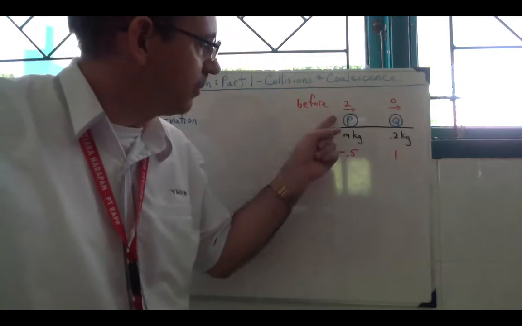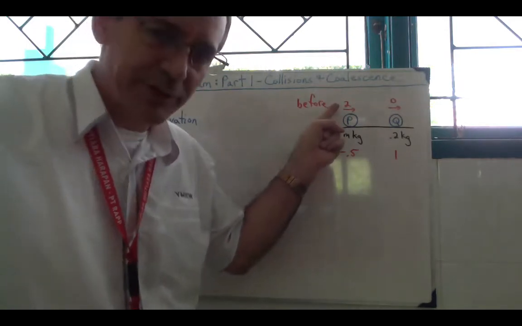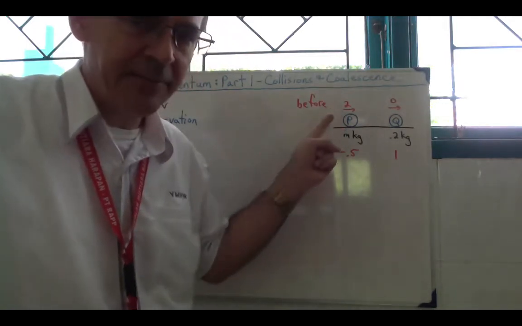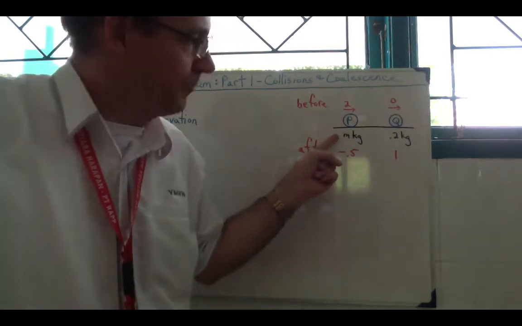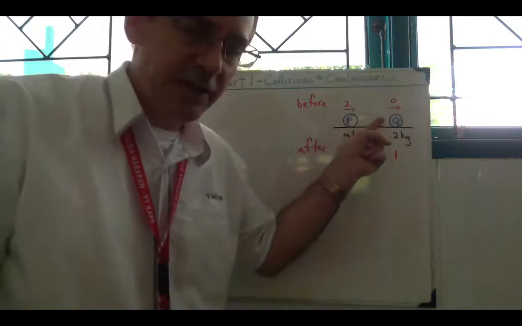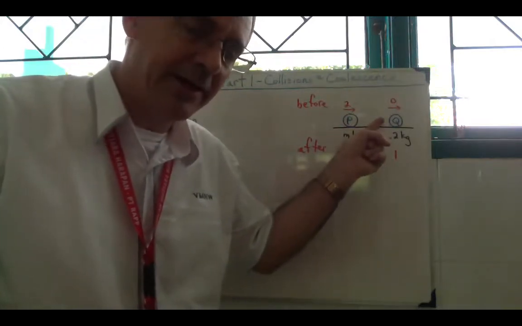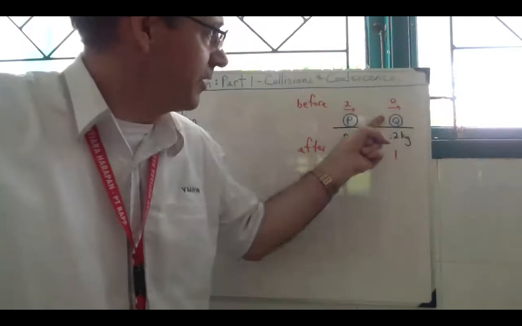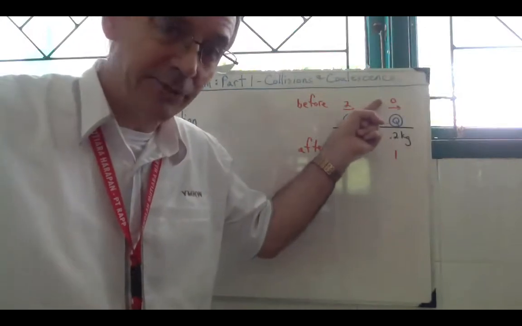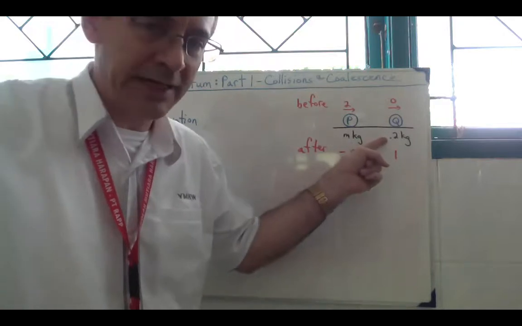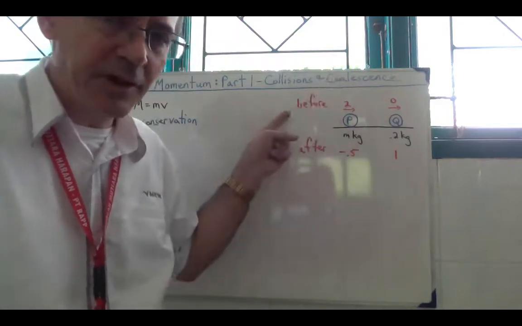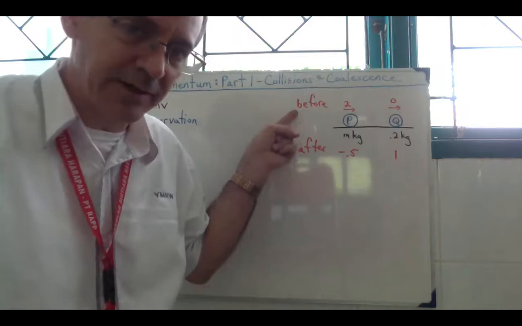We have particle P, which is projected at 2 meters per second and has a mass of m kilograms. We're solving for the m. And particle Q is stationary on this horizontal plane. Stationary means it's at rest, or zero velocity. And it has a mass of 0.2. This is our situation before the collision.